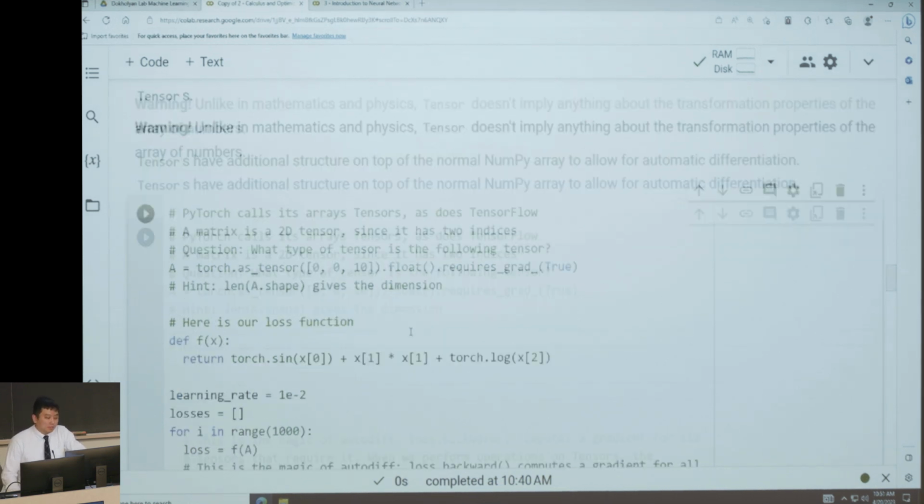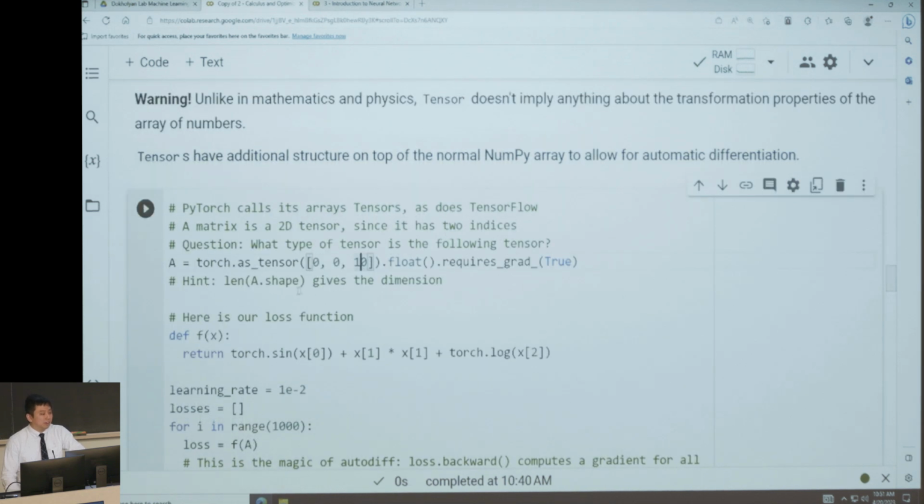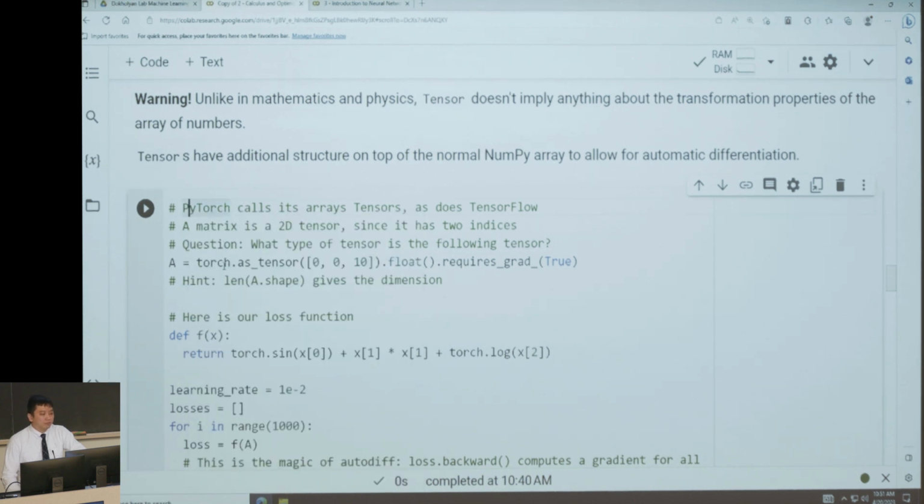For practical purposes, what you need to do is the following. So again, we'll start with an array 0, 0, 10. So that's our initial value where we're situated at. You do need to use a framework like PyTorch or TensorFlow.